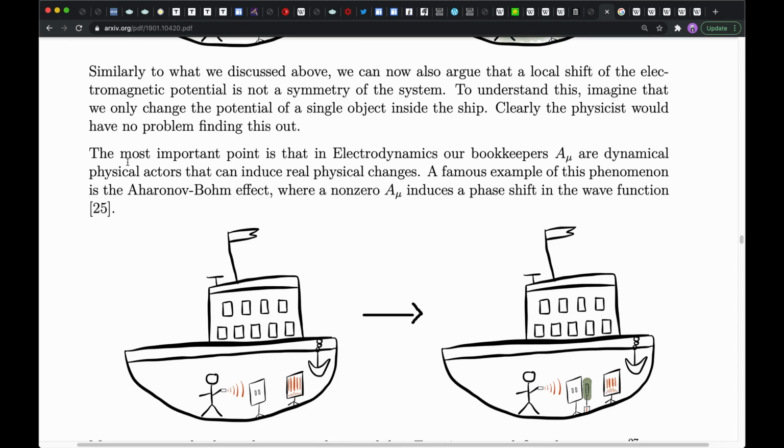And he says here that the most important point is that in electrodynamics, our bookkeepers are dynamical physical actors that can induce real physical changes. That's exactly the phenomenon described by the Aharonov-Bohm effect.